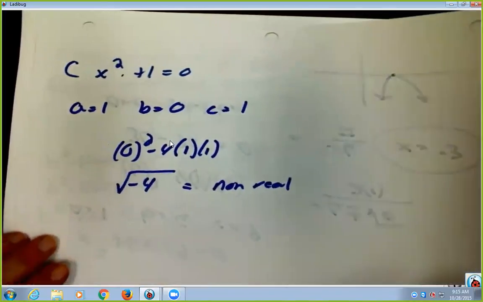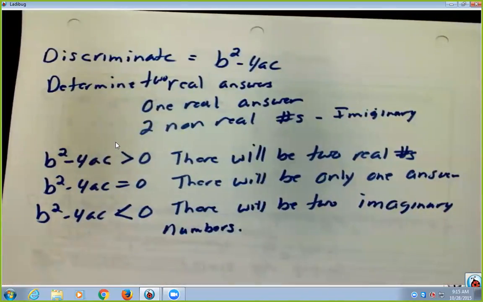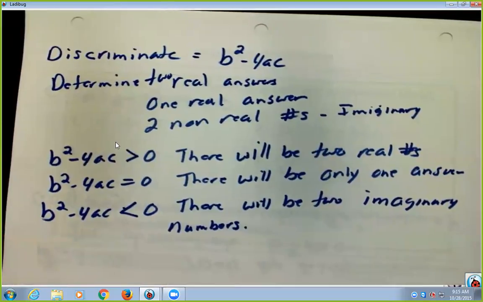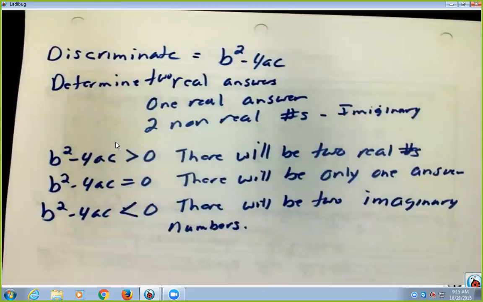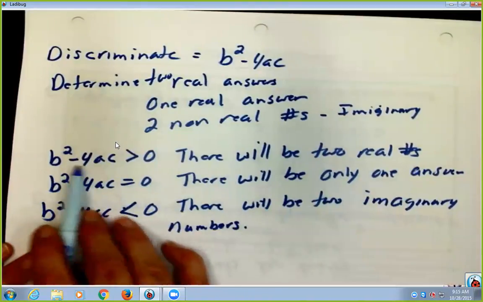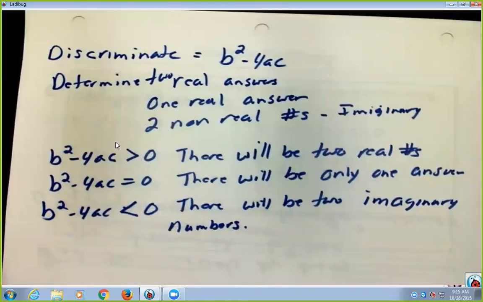Okay? So these are the keys. This is just giving you the idea of determining 2 reals, or 1 answer, or 2 non-reals or imaginary numbers. In this case, there will be 2 reals if this value is greater than 0.